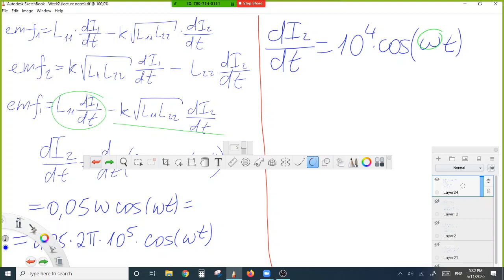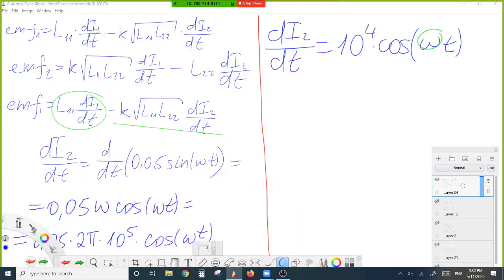So now we know the derivative of I2 with respect to time.